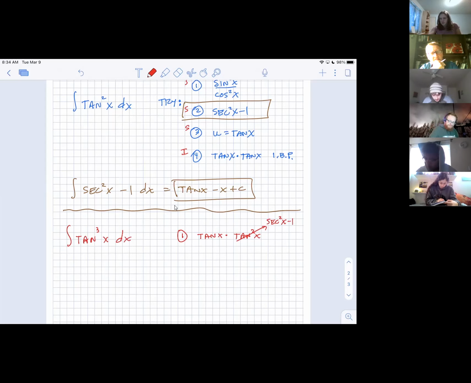Again, I could split it into sines and cosines because I feel a little more comfortable with those. So I don't know, let's just play with that a little bit. Let's try that rather than list maybe 5 ideas. The other option would be to let u be tangent of x. That's an option too, but let's just see if this goes anywhere.